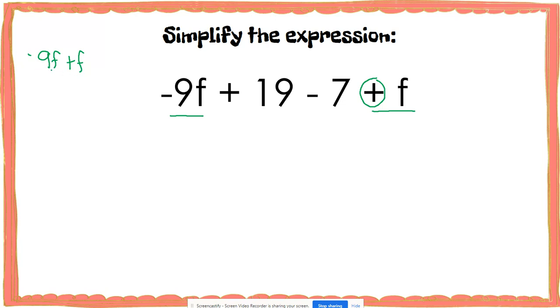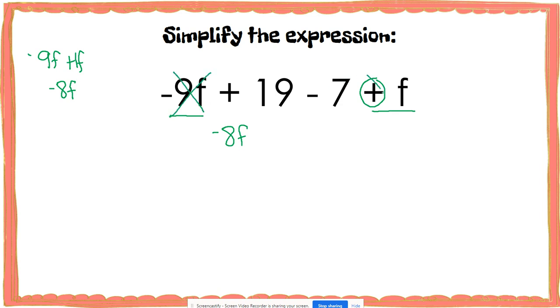I'm going to add these terms, and I know that even though I don't see anything in front of my f, there is actually an invisible 1 here. So really, I'm adding negative 9 plus positive 1. When I add negative 9 plus positive 1, I get negative 8. And then I'm going to keep my f. So negative 9f plus f gives me negative 8f.